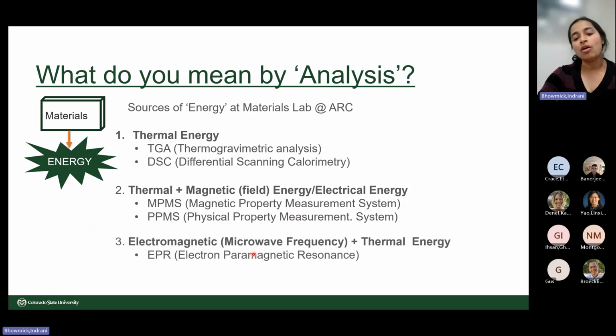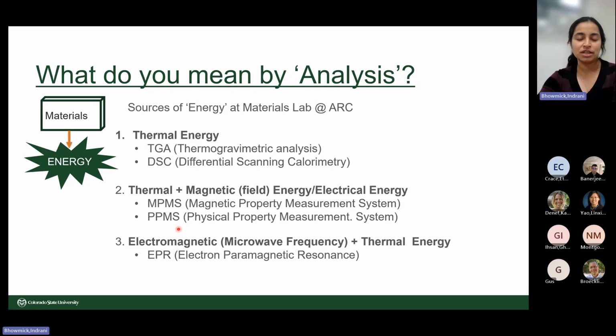And then we also have electromagnetic waves at the end, that's also energy. In addition to thermal energy, we use the EPR.